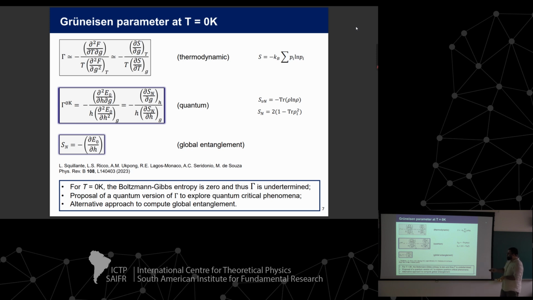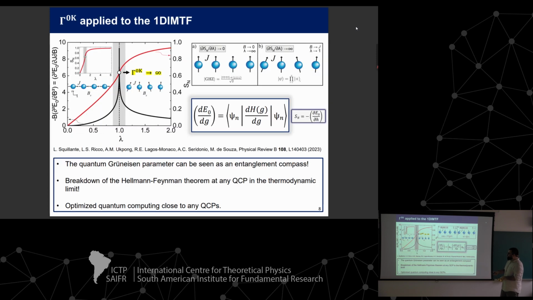So based on this proposal, we applied this to the Ising model, and what we got was a signature right at the critical point. More specifically, we have a divergence of this parameter right at the critical point. This indicates that the von Neumann entropy, the global entanglement, varies infinitely when you vary a tuning parameter like the magnetic field.